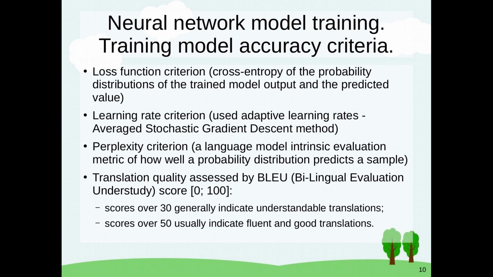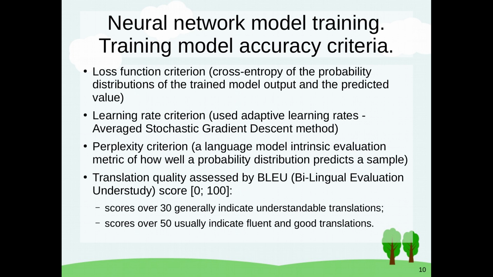And one of the most important criteria is translation quality. Among the considered metrics, the most suitable are BLEU, Meteor, and Rouge.